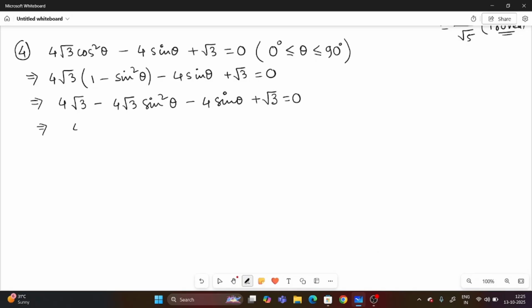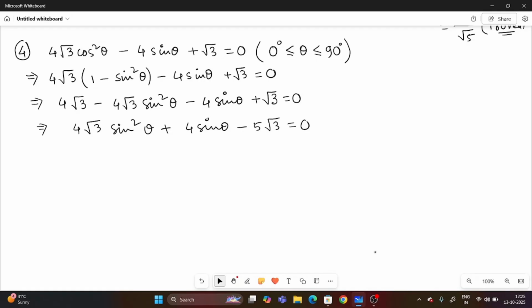So the equation reduces to 4 root 3 sin square theta plus 4 sin theta minus 5 root 3 equals to 0.